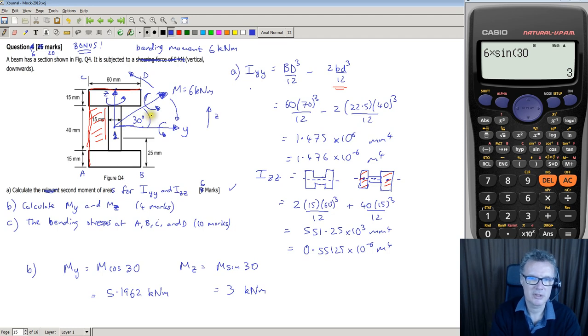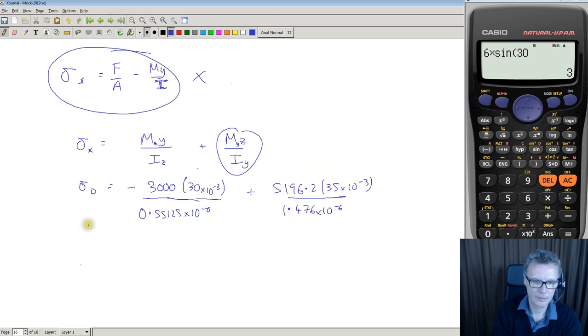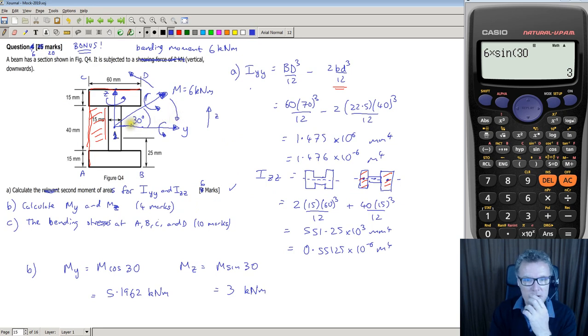So let's go to C next. So for C, we are going to get the same values for your MY. So the first one that we do is along this axis here. What's the distance from here to here to get to the C point? That's 30.